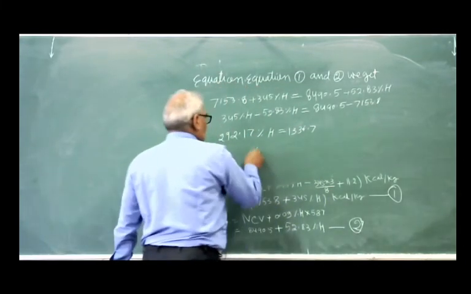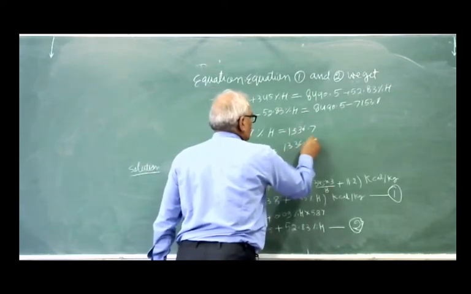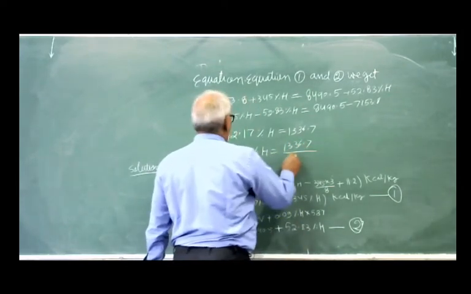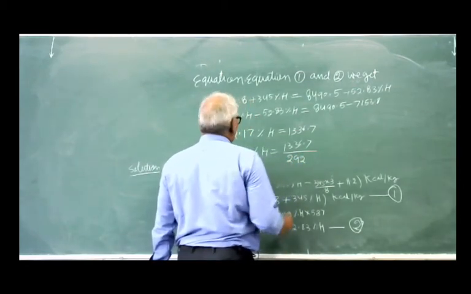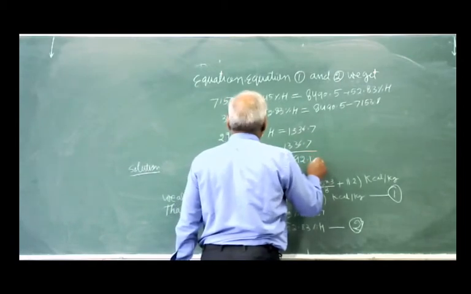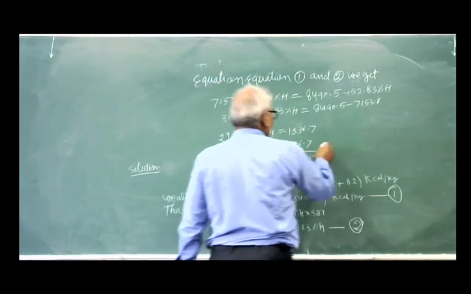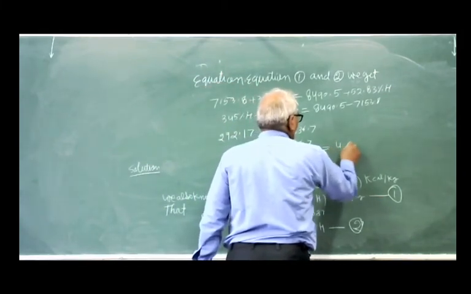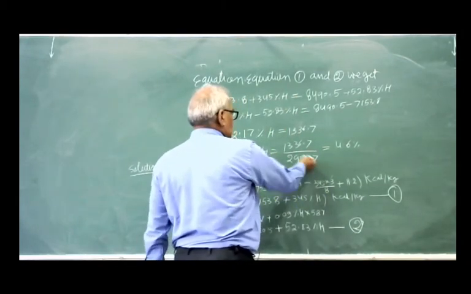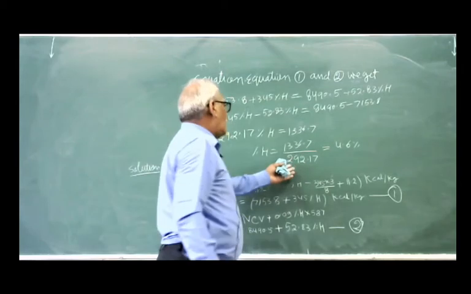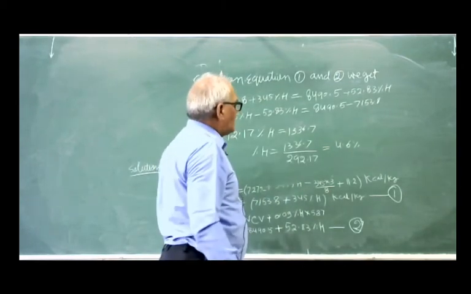So percentage of hydrogen equals 1336.7 divided by 292.17. It is near about 4.6%.